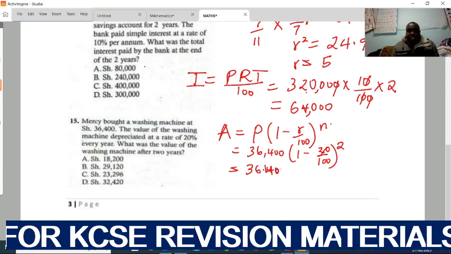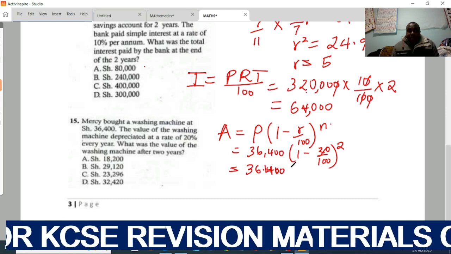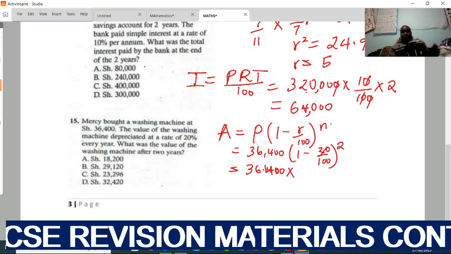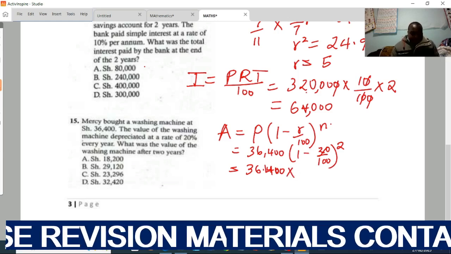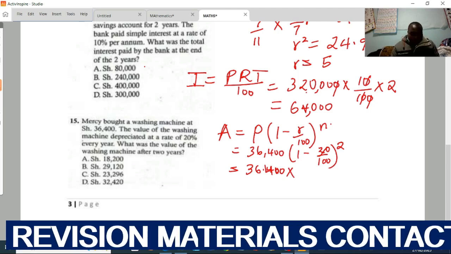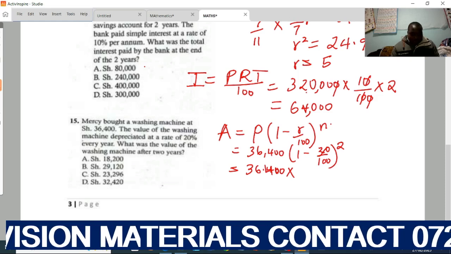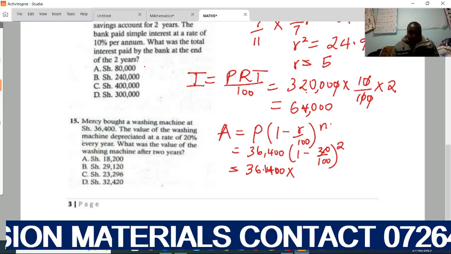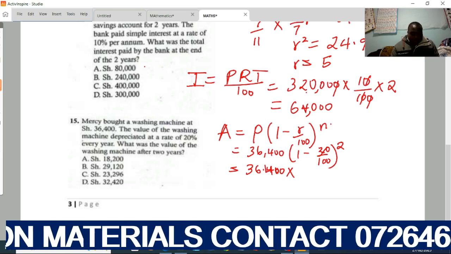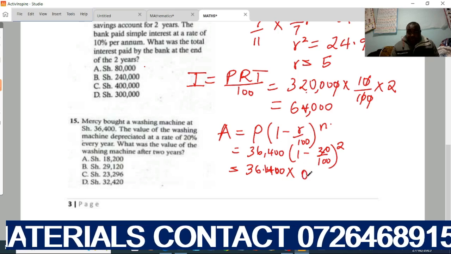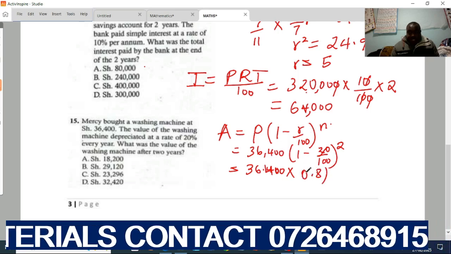So this one would be 36,400 times 1 minus 20 divided by 100, which is 0.8, raised to power 2.